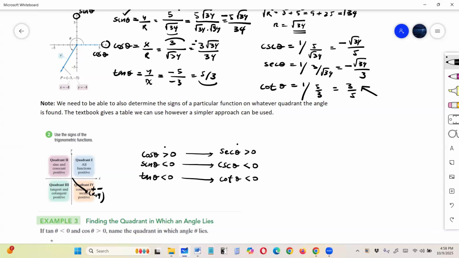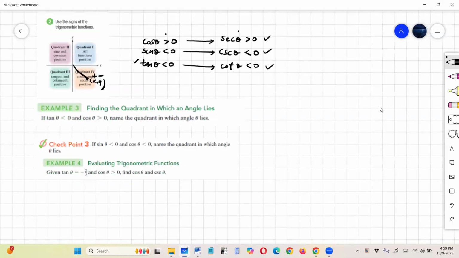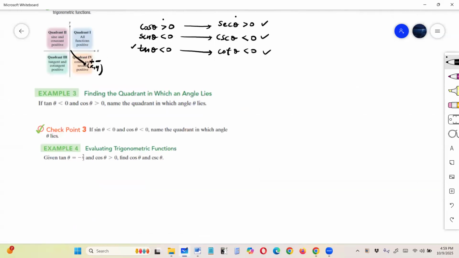Okay, so it's very easy to just derive them from the basic two, sine and cosine, and then derive tangent, secant, cosecant, and cotangent. So we don't have to memorize this table, but if you do want to memorize it, you are absolutely allowed to do so.